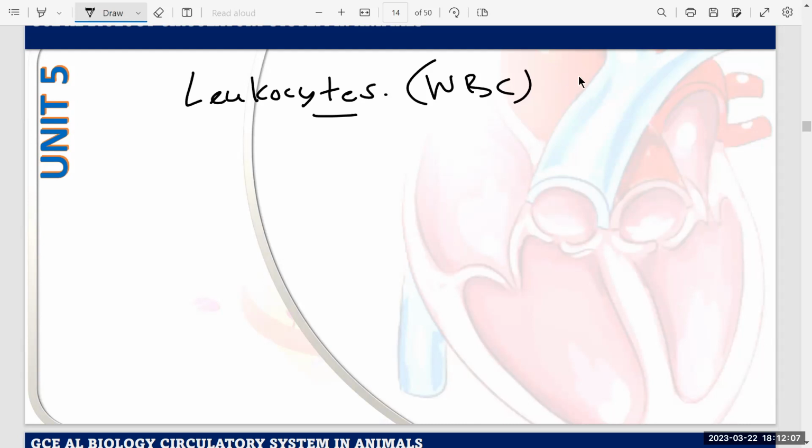They are cells. And when you're going to learn the immune system, you're going to learn different types of white blood cells. I think it is better you have a little bit of an idea what types of white blood cells are in the blood, because we need it to understand immunity.